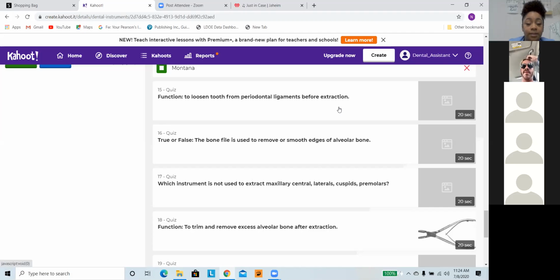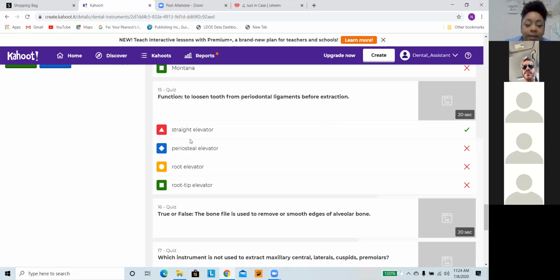Yeah, forceps. And it kind of looks like cuticle nippers. We're using this type of wrist and hand motion to loosen that tissue.